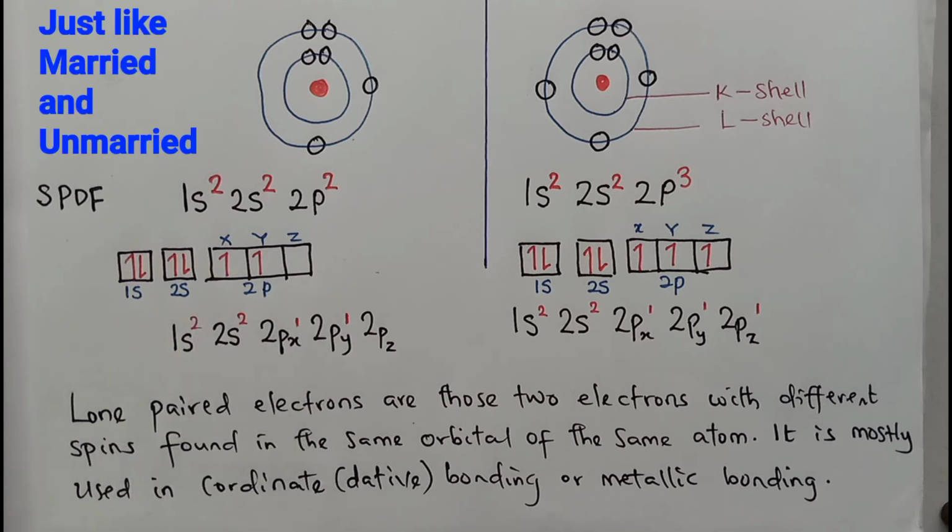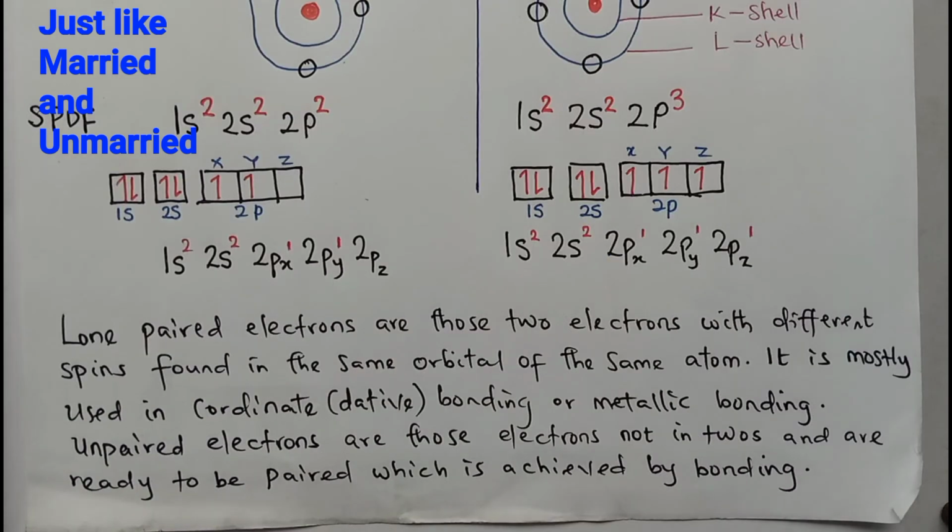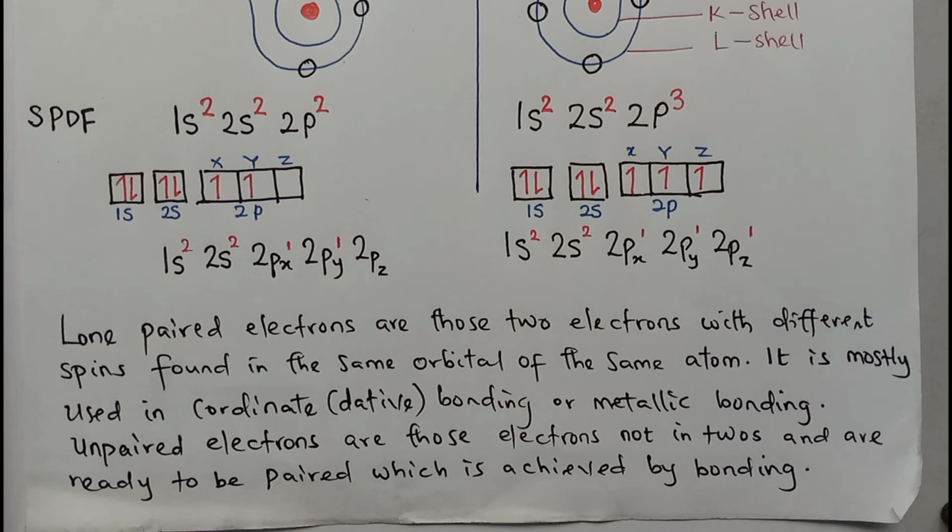Now, because they are not paired, we call them unpaired electrons. So we can actually define these unpaired electrons as those electrons that are not in twos. What I mean by in twos, they are not paired and are actually ready to be paired with other electrons. It can be of the same type of atom or from a different type of atom, and this is only achieved by bonding.